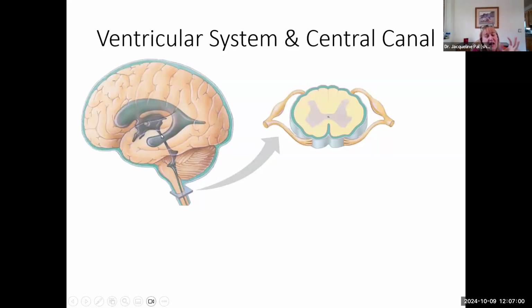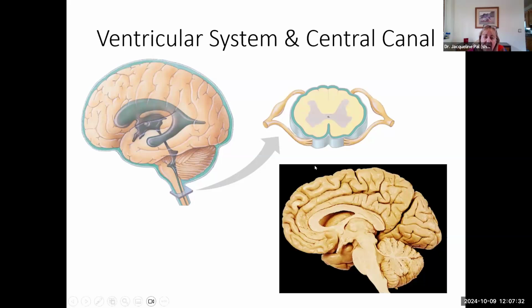And then you can see it kind of goes downward into these triangular areas, and eventually it forms what looks like this little canal, and that canal will go all the way down the entire length of the spinal cord. There's this little canal right in the middle known as the central canal. And so both of those places, the central canal and the ventricular system, are going to be filled with that cerebral spinal fluid.